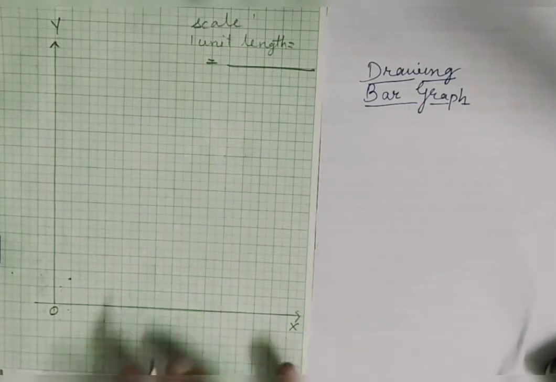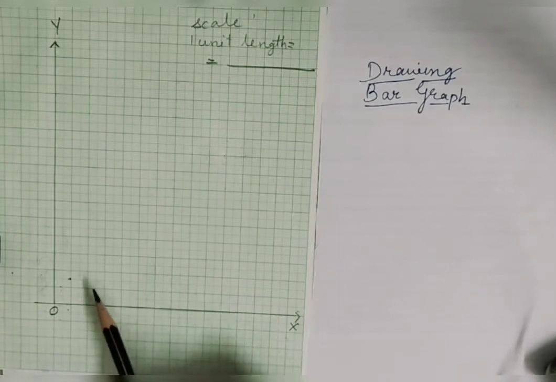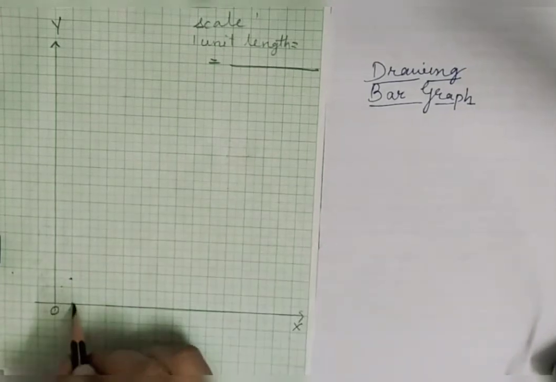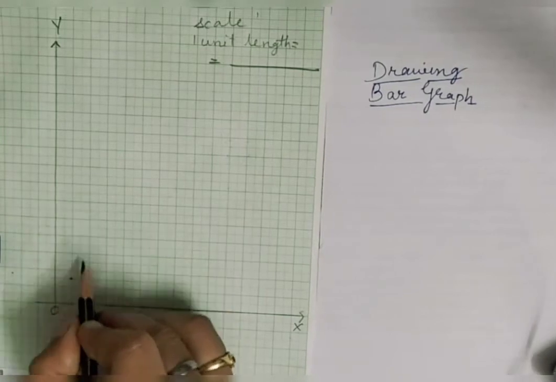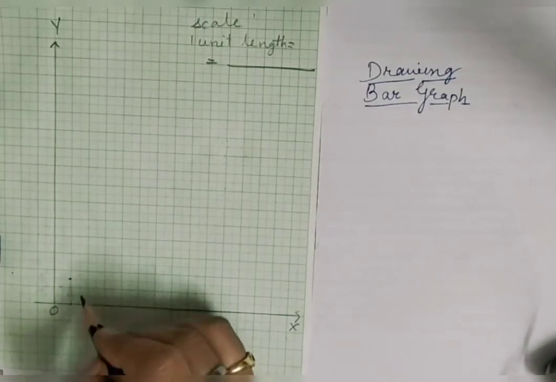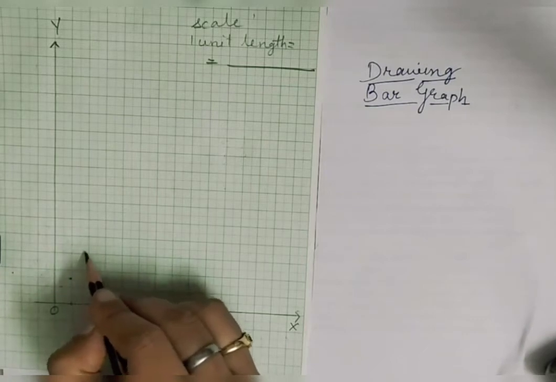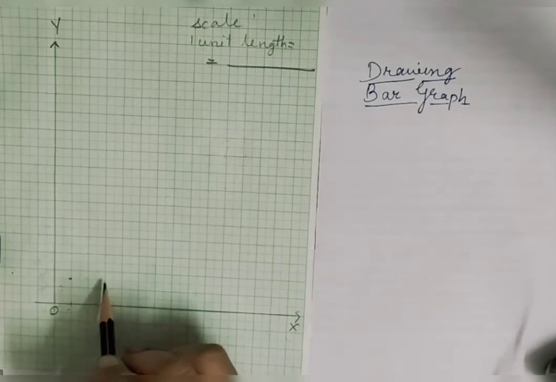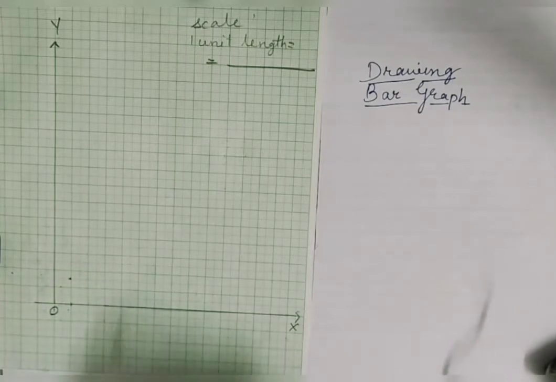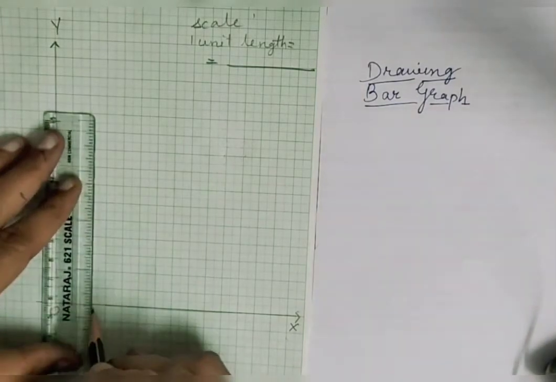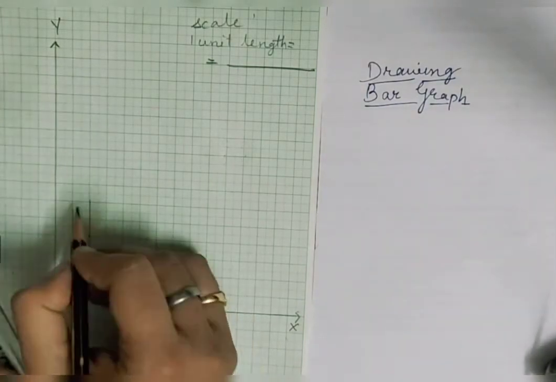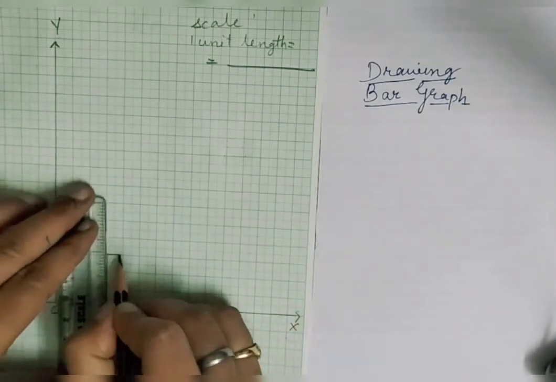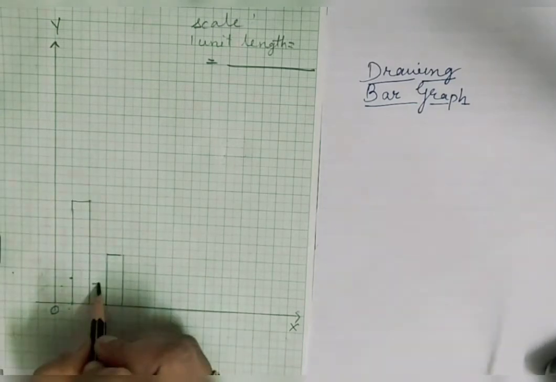After that, we need to draw the bars or rectangles of equal width. You can see why the graph paper is helpful to us, because the width is already given equal here. We need not measure, we just need to draw them on the dark lines. So the widths are automatically equal. And even between the two bars, the spacing should also be equal. Suppose I'm drawing one bar here, and another bar here. Can you see this spacing?